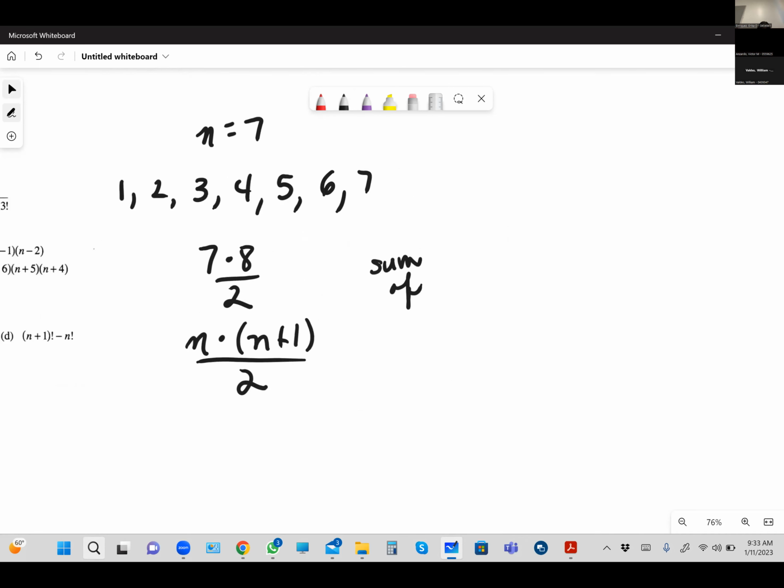One through 37, I want the sum. I want to add up all those numbers from 1 through 37. What do I do?